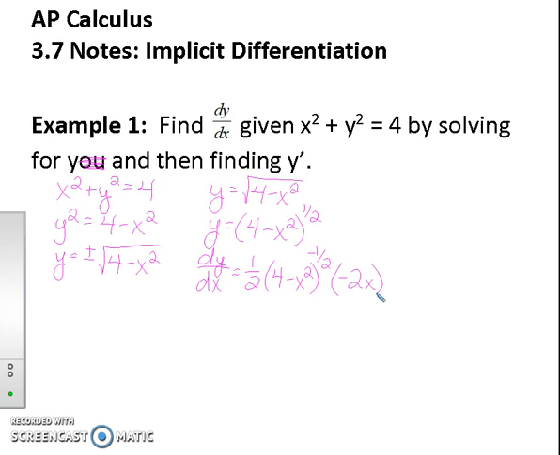Put all that together, the 1/2 and the negative 2x multiply to give you negative x. And then this negative 1/2 power means we could make it positive by putting it in the denominator, and we could take it back to square root form. So that would be the derivative of the positive square root of 4 minus x squared.